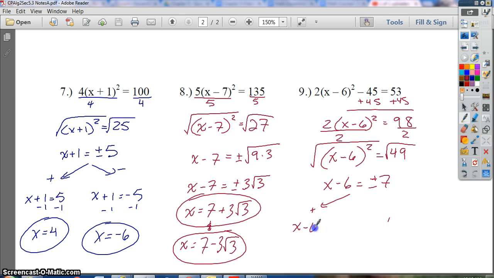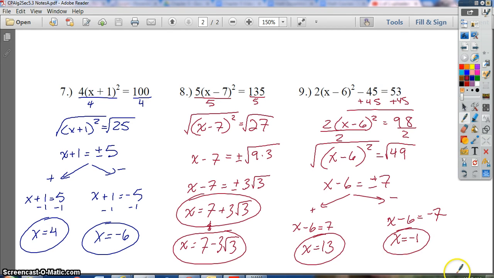Here's my positive, x minus 6 equals 7. Here's my negative answer. So the x minus 6 equals negative 7. Okay, so add 6 to this, I'll get 13. Add 6 over here, I'll get negative 1. So both of these solutions will work in this guy.